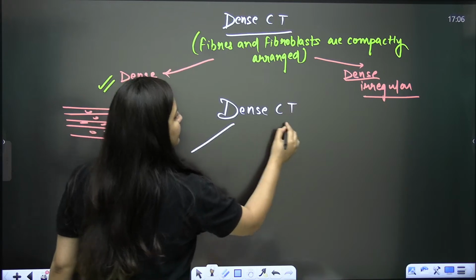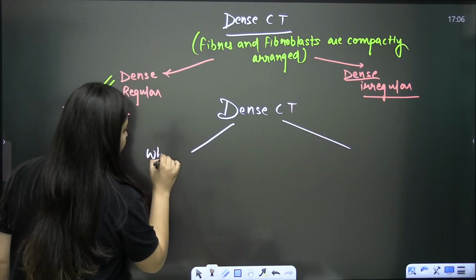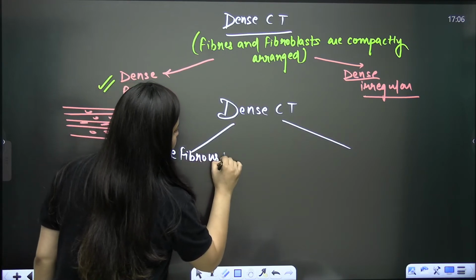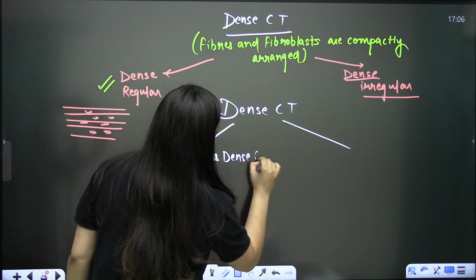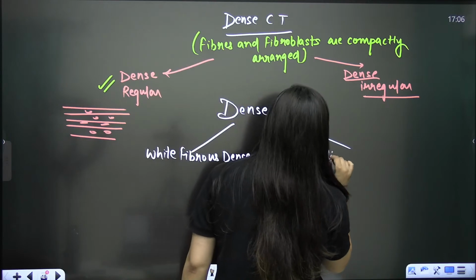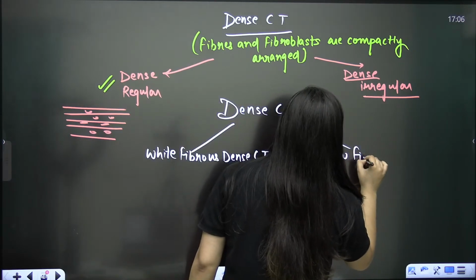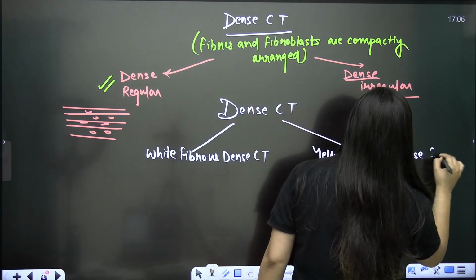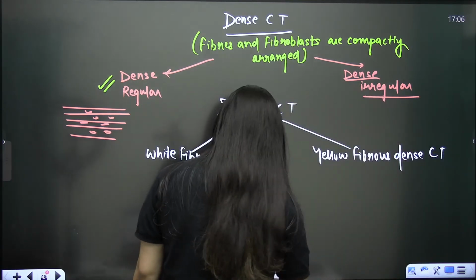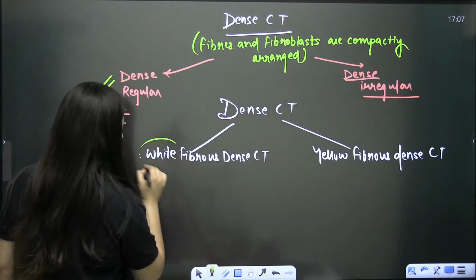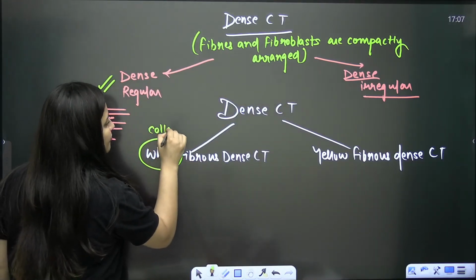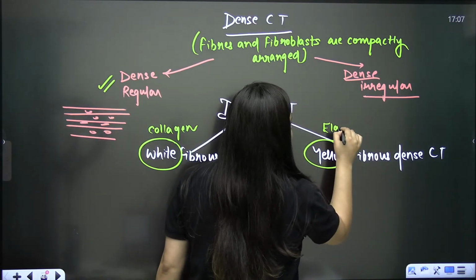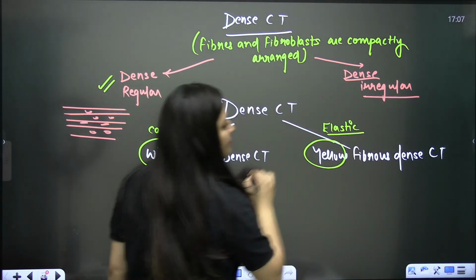you can also consider it in this way: white fibrous dense connective tissue or yellow fibrous dense connective tissue. If it is white fibrous connective tissue, it means collagen fibers are present, and if it is yellow, it means elastin protein is there, elastic fibers are present.